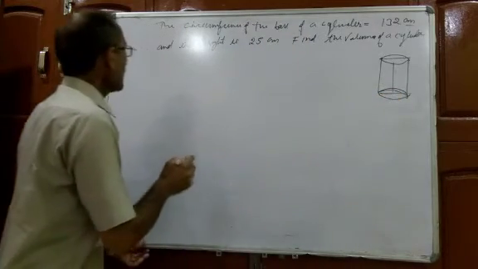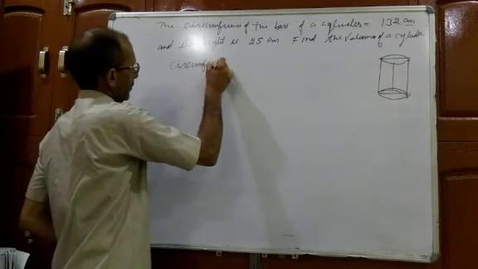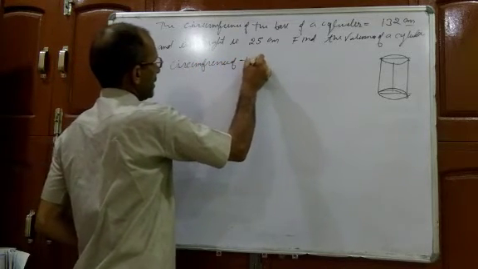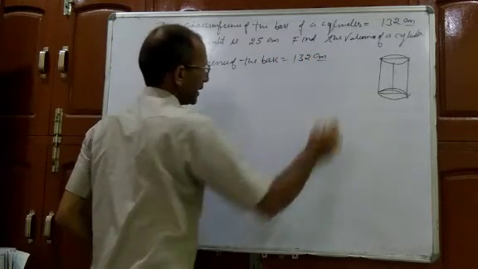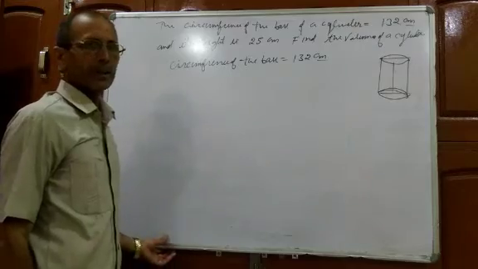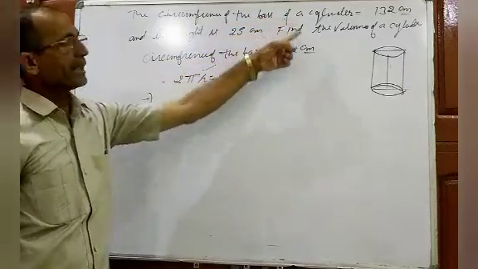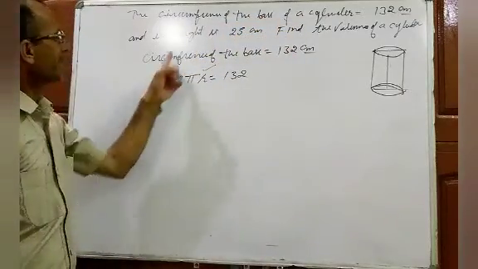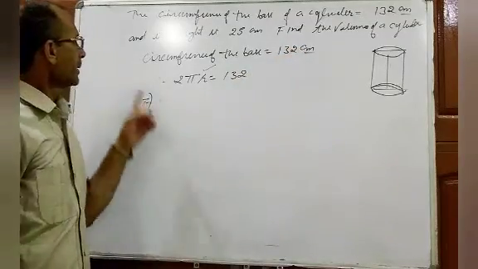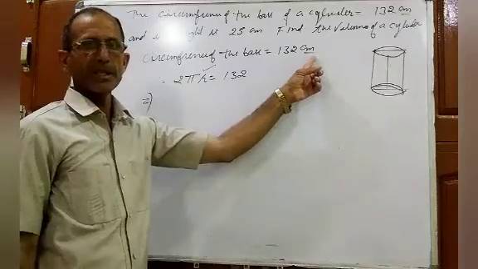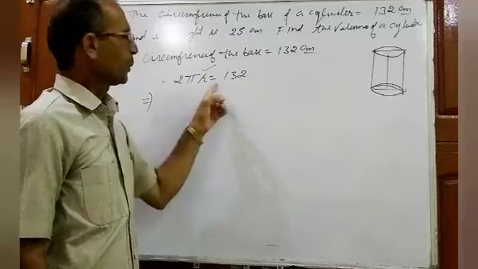So the circumference of the base is 132 centimeter. The circumference of the base of a cylinder is 132 centimeter and its height is 25 centimeter. Find the volume of the cylinder. You know the formula for finding the circumference, 2 pi r.